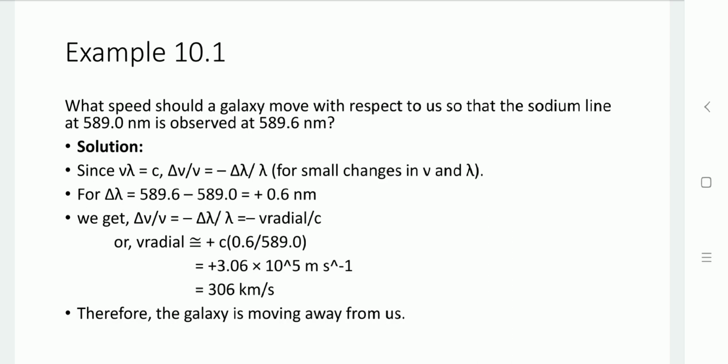Delta lambda, the change in wavelength, is 0.6, divided by the actual wavelength of the signal, that is 589. By taking this ratio we get the speed v radial equal to 306 km per second. With this speed the galaxy is moving away.